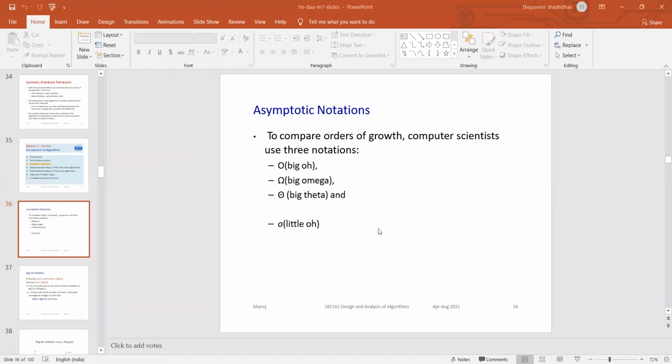So now you are going to use asymptotic notations to compare the order of the growth. Here we use the notations big O, big omega, big theta, and little o. So these are the notations we are going to use here.